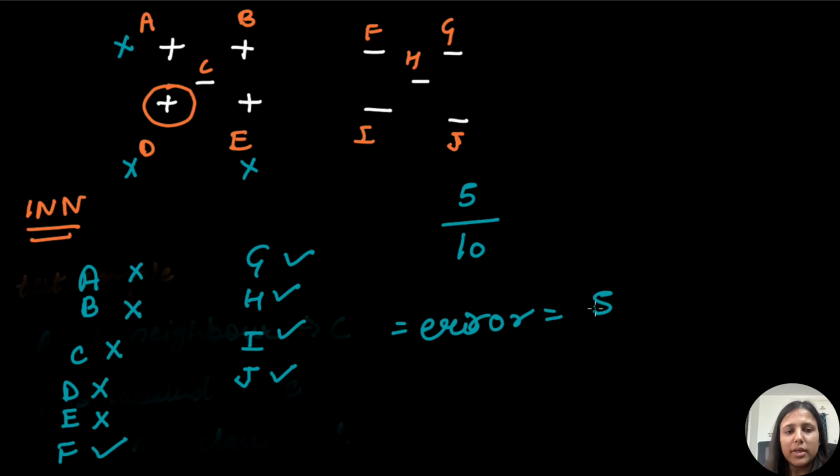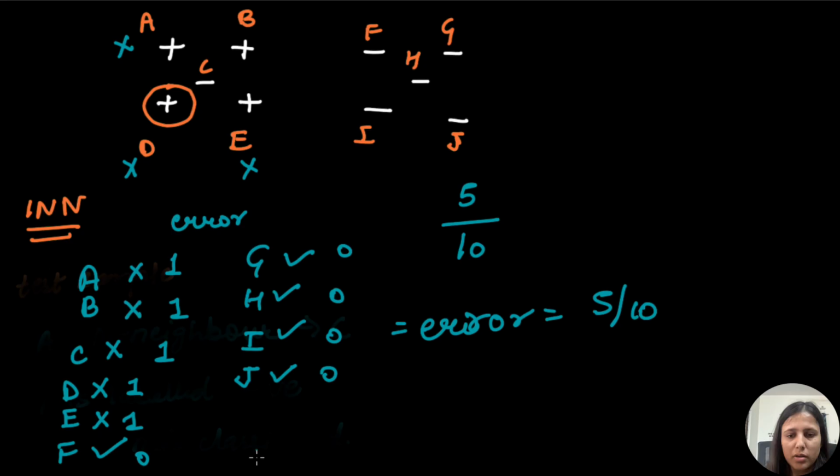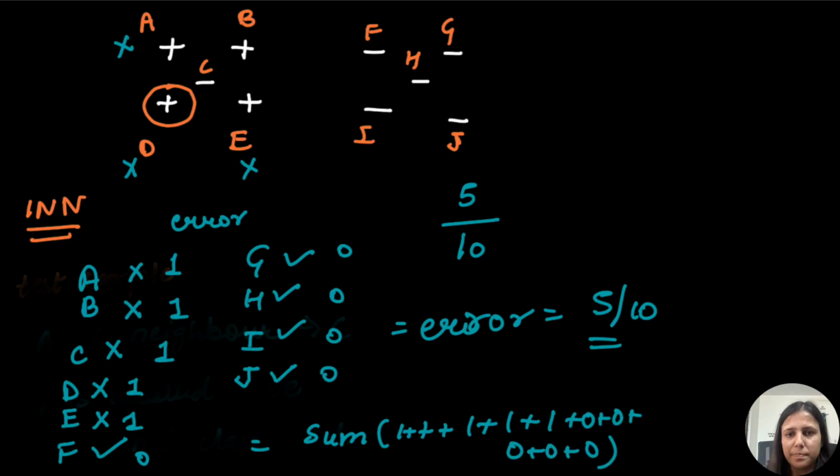In leave one out cross validation, we have error 1 here, 1 here, 1 here, 1 here, 1 here, 0 here, 0 here, 0 here, 0 here, 0 here. We'll add them up, 1 plus 1 plus 1 plus 1 plus 1 plus 0 plus 0 plus 0 plus 0 plus 0, and we'll take the average.